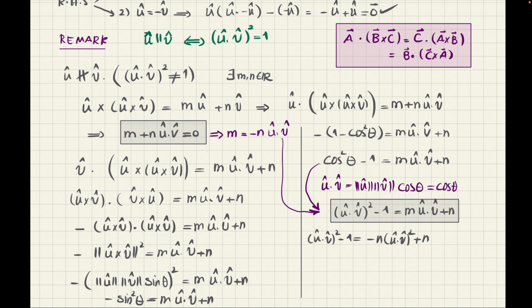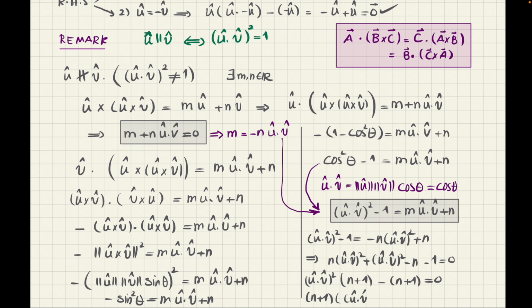And then if I move everything to the left hand side, this becomes n (u dot v) squared plus (u dot v) squared, and then I will have minus n minus 1 equals 0. So here I can factor (u dot v) squared out, then I will have n plus 1, and then take a minus sign out from the last two terms, it becomes this, and finally I factor n plus 1 out, and I will get (n plus 1) times ((u dot v) squared minus 1) equals 0.